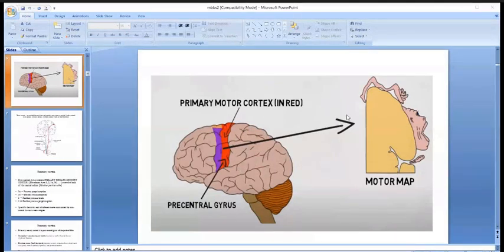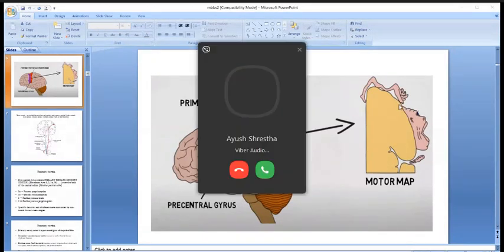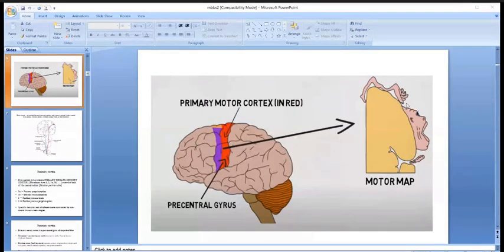Say for example, if you stimulate this portion of the brain, then the fingers of the foot will be moved. If you stimulate this portion of the motor area of the brain, then this finger will move, otherwise it will not move, right?